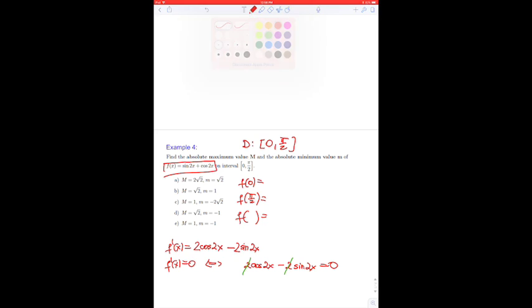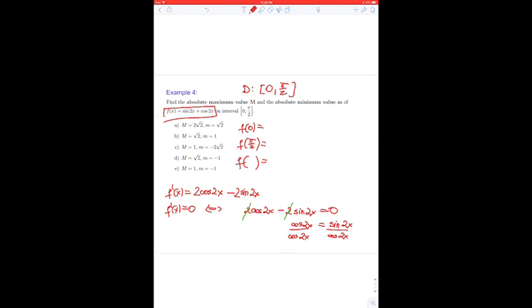I can divide by 2 and then I can say cosine of 2x is equal to sine of 2x. And I will divide both sides by cosine of 2x, of course assuming that cosine is not 0. And then I have 1 and tangent of 2x.